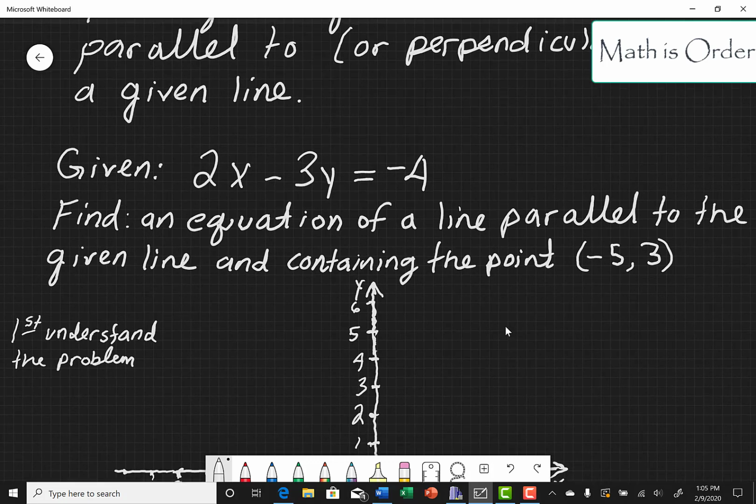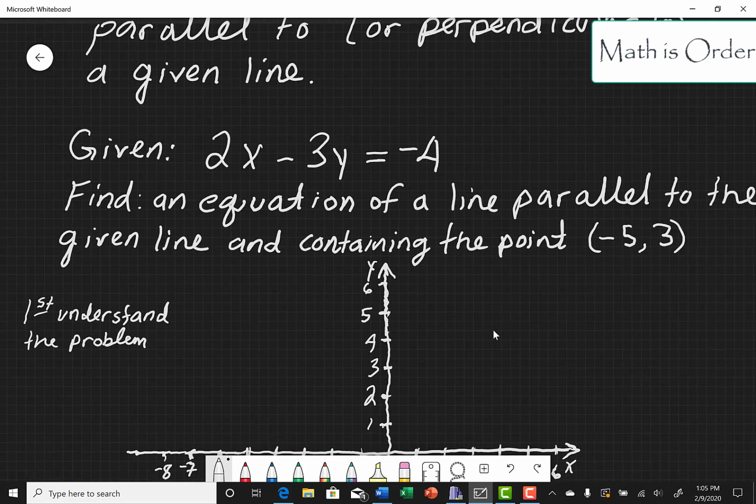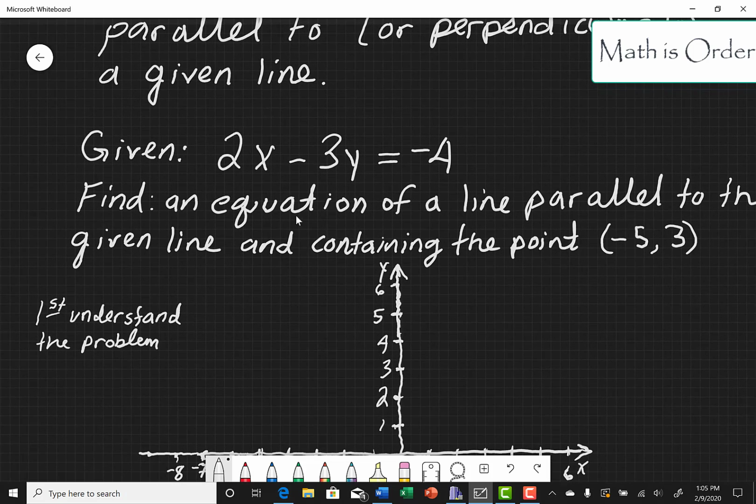So it says find the equation of a line parallel to the given line, but I don't see any given line. They give us an equation. So what we have to do is draw or plot the equation of this line, right? So that's what we'll do first, is sketch the graph of this equation.